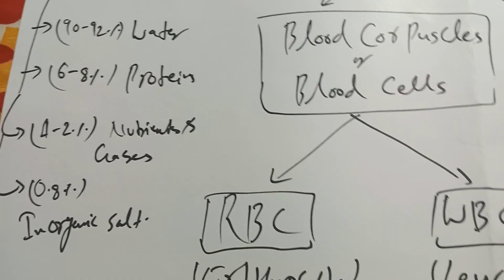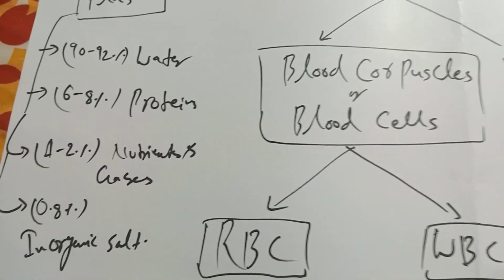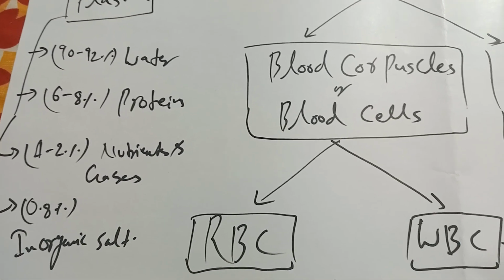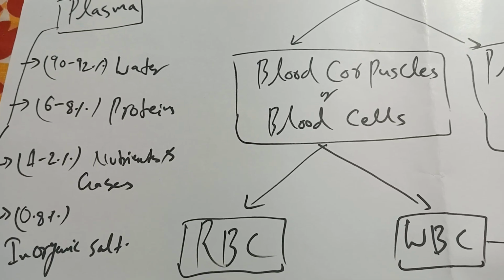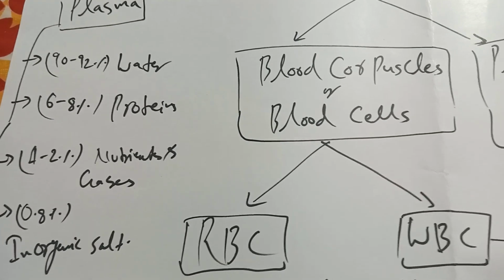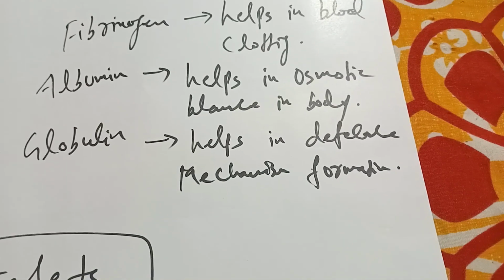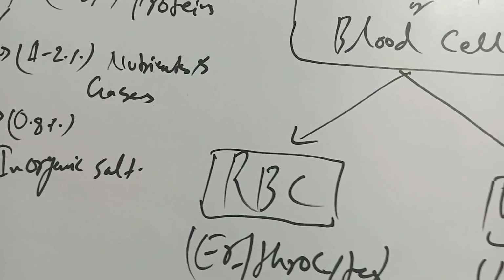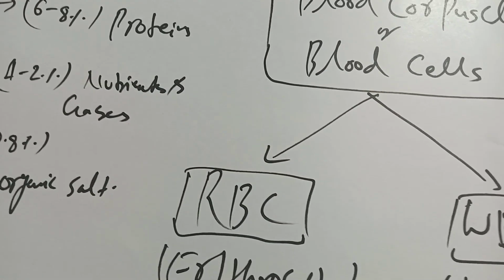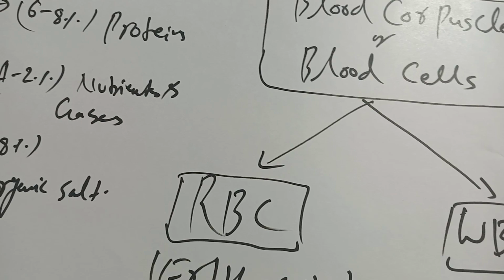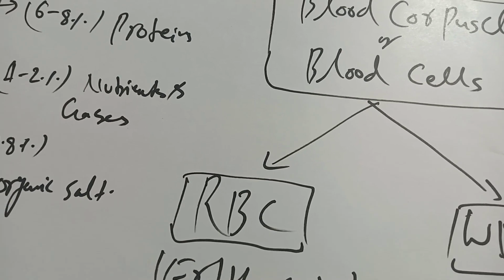Now we are coming to the topic of the composition of plasma. I have already discussed that plasma has 90 to 92% water and 6 to 8% proteins. The proteins present are fibrinogen, albumin, and globulin. Now, 1 to 2% nutrients and gases. Nutrients, you know: carbohydrates, proteins, fats, vitamins.